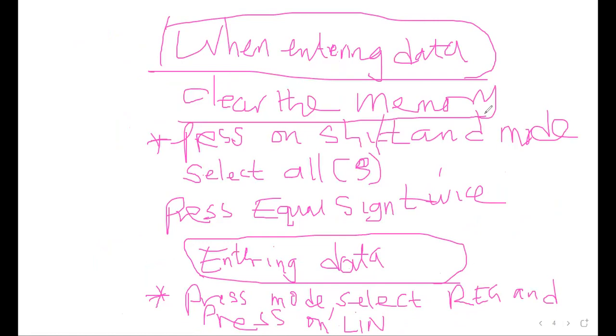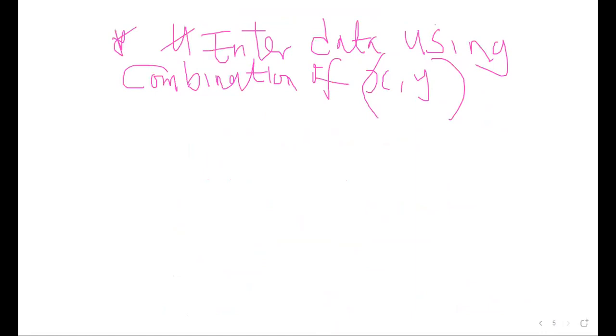All right. Of course, we also look at a problem. When entering data, we use a combination of x, y. It's similar to the DMT, the QM that you did.